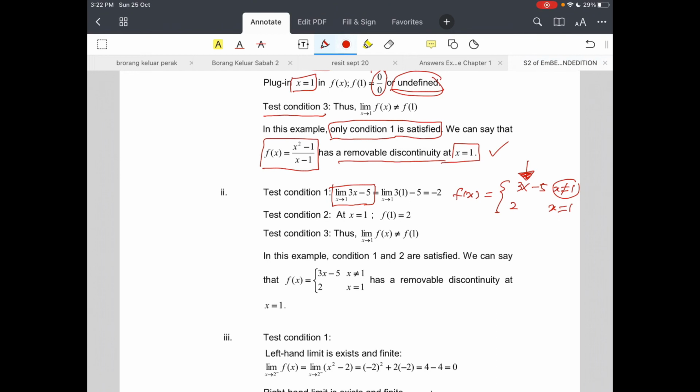Since it is a simple function, we can straight away plug in the value and the result yields -2.